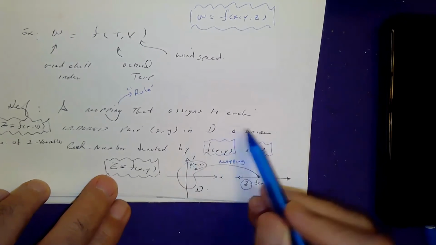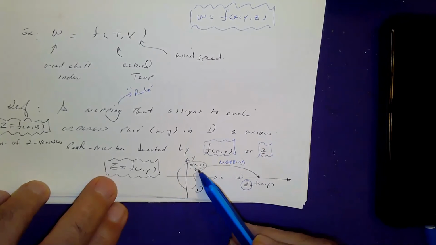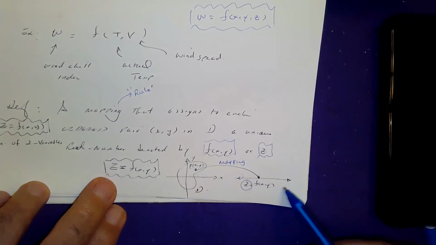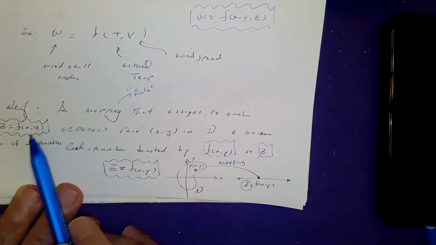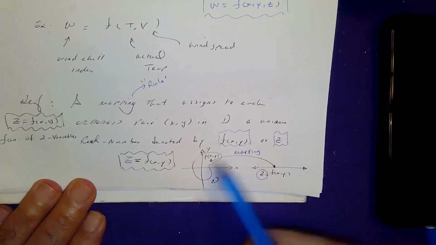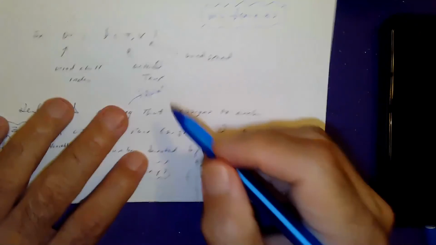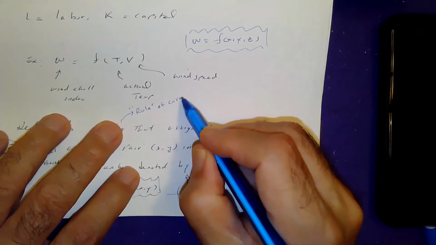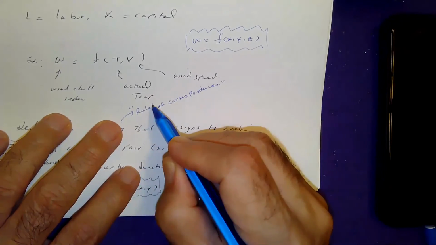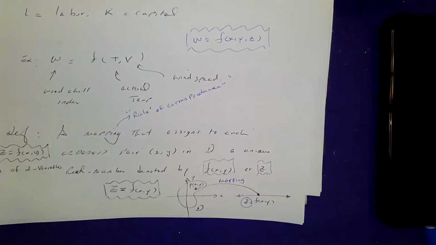Mapping means assigning. So when you assign an ordered pair to a real number on a number line, that's the definition of function of two variables. Do you see it? So mapping means a rule of correspondence. Correspondence, it's called mapping. Okay, right?